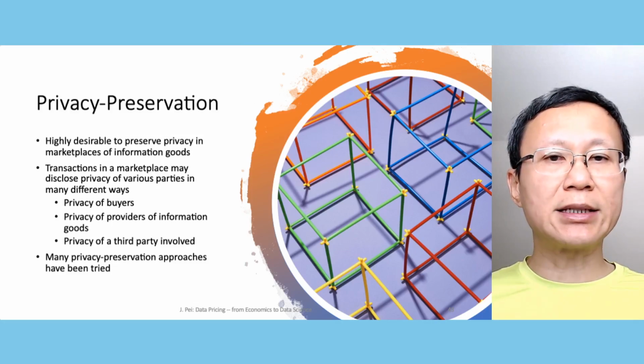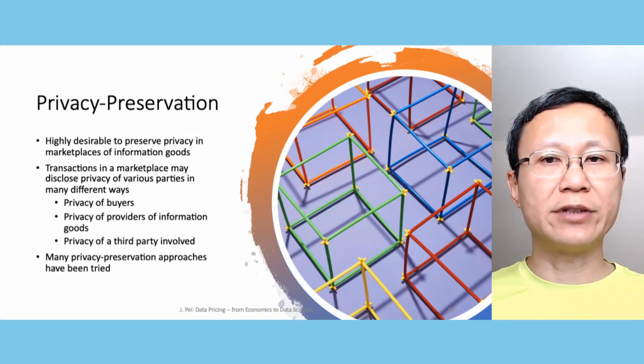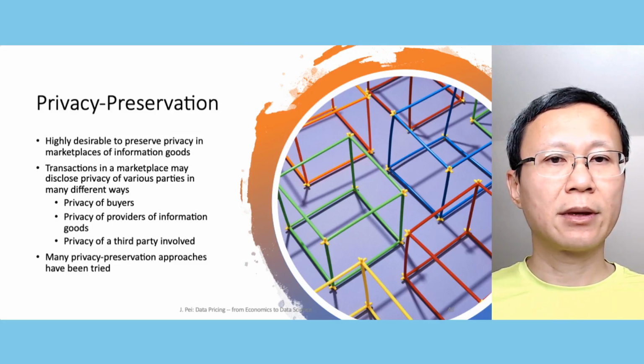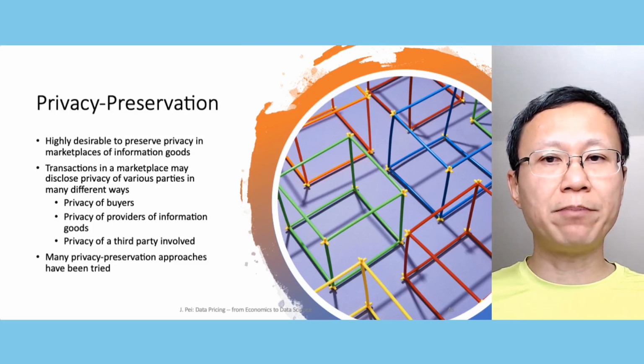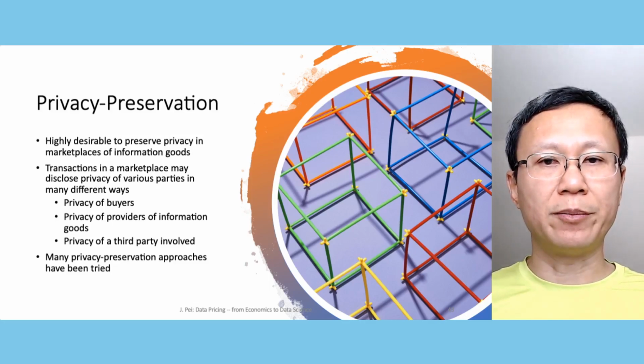It is highly desirable to preserve privacy in marketplaces of information goods. In general, transactions in a marketplace may disclose privacy of various parties in many different ways. First, privacy of buyers is highly vulnerable.